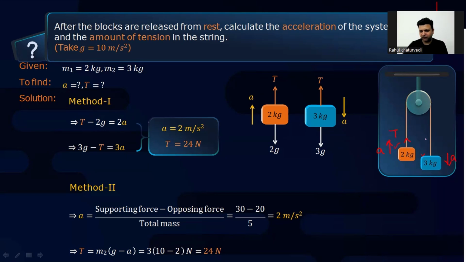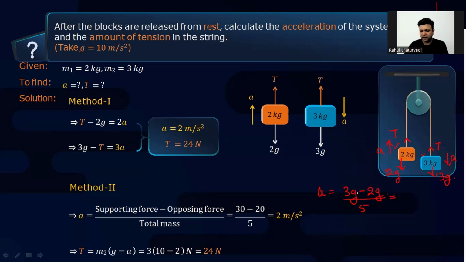I mentioned T will be the same, right? So directly you can find out that acceleration A will be equal to supporting force, which will be 3g, and opposing force will be 2g. So 3g minus 2g upon total mass, that means 3 plus 2, which is 5.